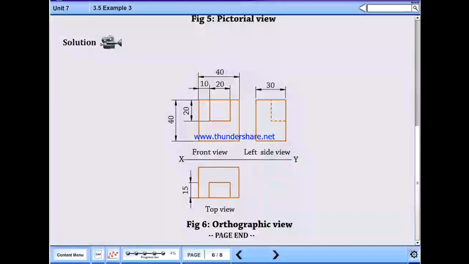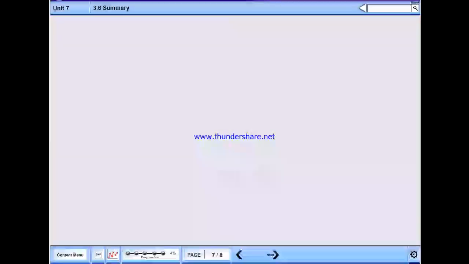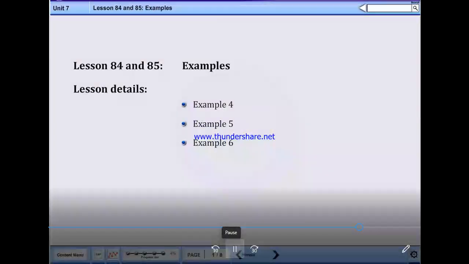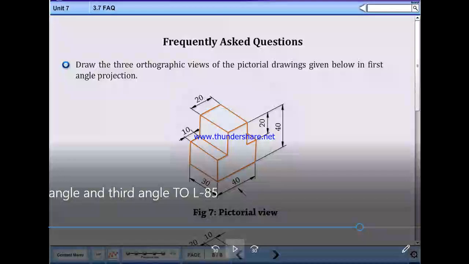These are the views. These are the frequently asked questions. Note on the figure.